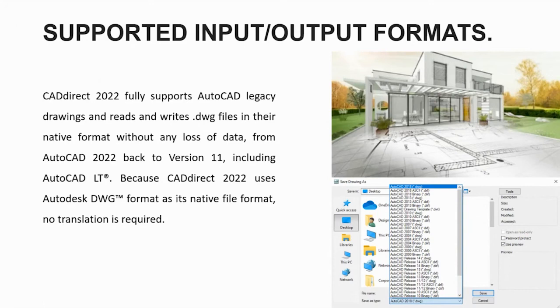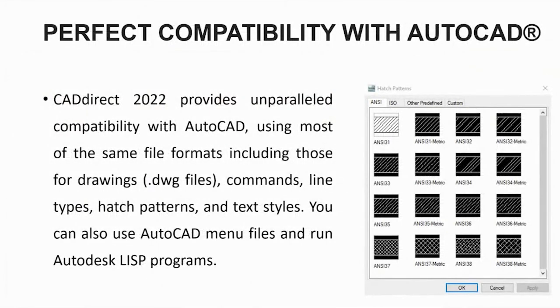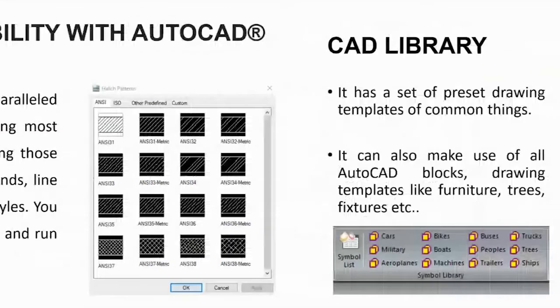And the same way, if you share a CADdirect file, they can open it in any version of AutoCAD. It's because CADdirect uses the AutoCAD DWG format as its native file format, and it offers perfect compatibility with AutoCAD in all aspects like comments, line types, hatch patterns, text styles. All of them are very similar.